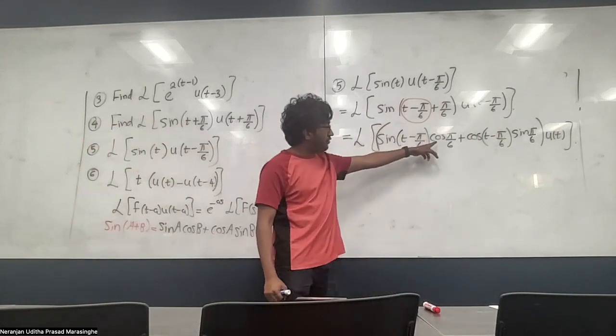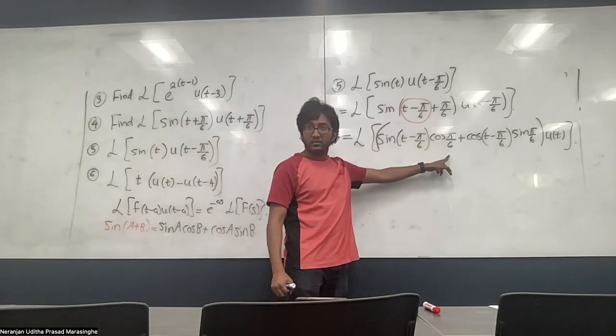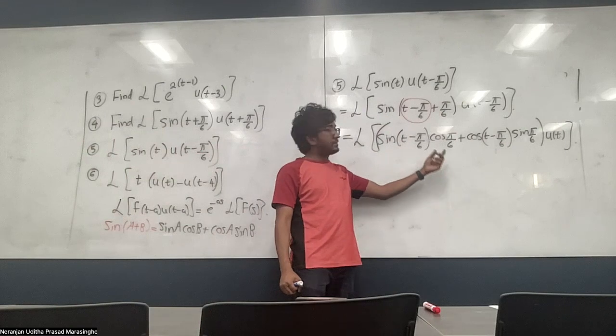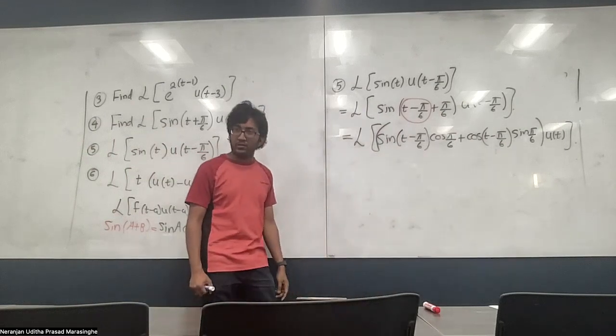Okay. Now I know the value of cosine pi over 6. That is cosine 30 degrees. It is the square root of 3 divided by 2.